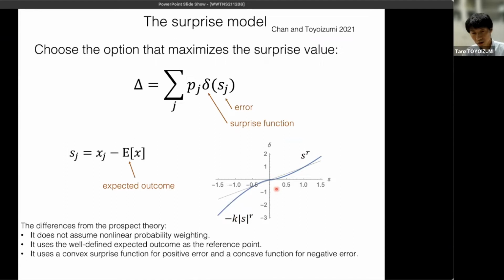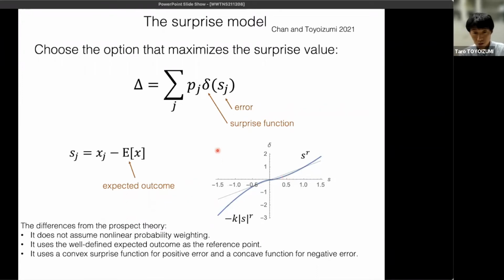But the convexity is the opposite. We use a convex function for the positive error and a concave function for the negative error. So this nonlinear function amplifies highly surprising events, say those salient events, more than events with a small surprise.